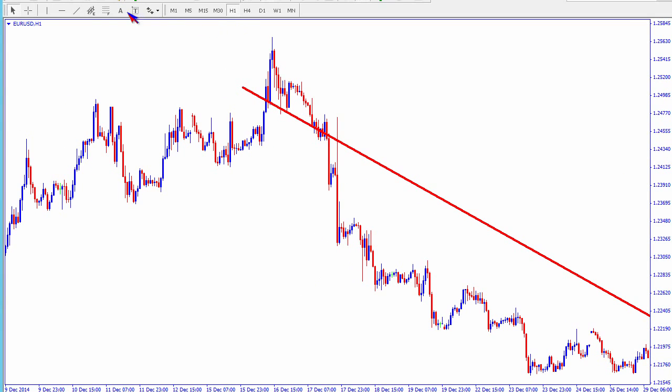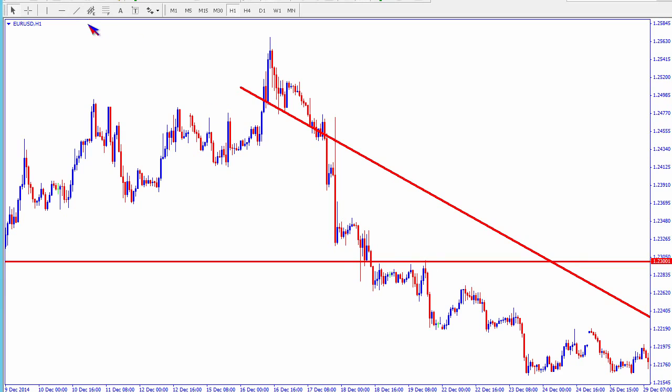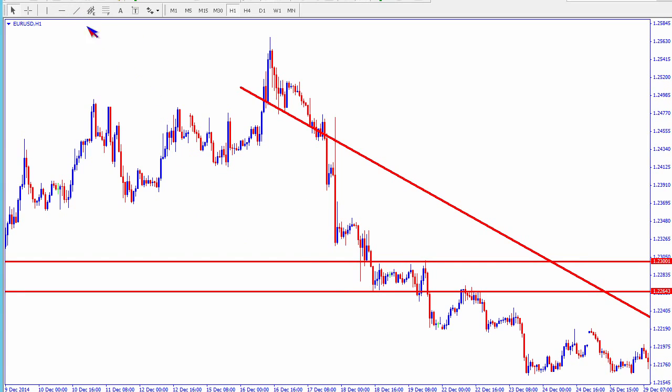Also, we have these data points. You have these consolidation phases. You have a low of it, you have a high of it. So let me show you. You have the high, you have the range low, and you have the mid range.